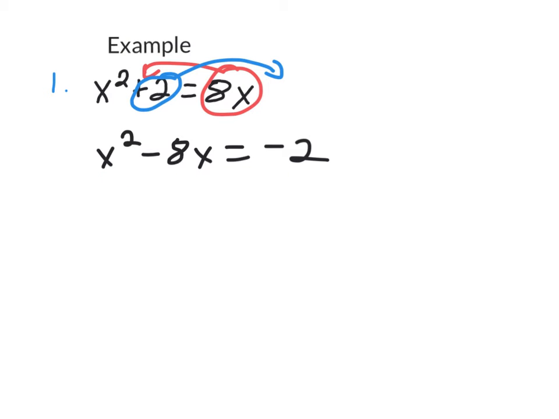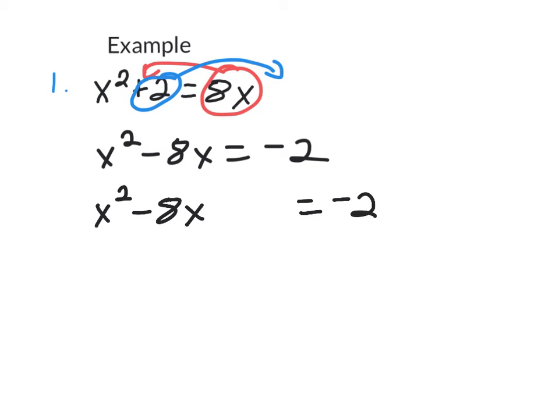Now we're going to add half of b squared to both sides. We're going to find half of b, square it, and add that to both sides. So here's what that looks like: x squared minus 8x, and then I'm going to leave some room, equals negative 2.